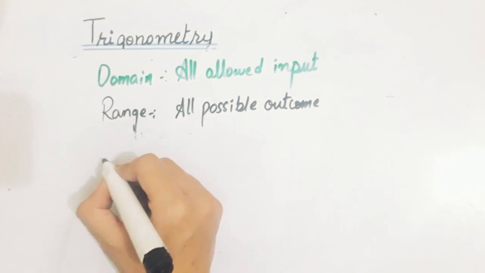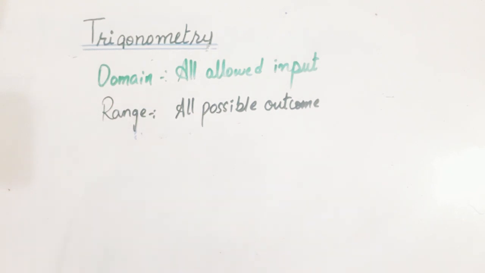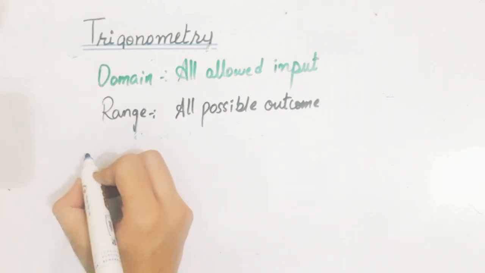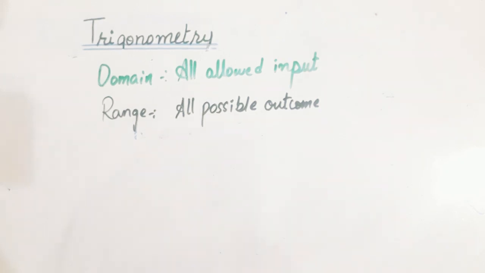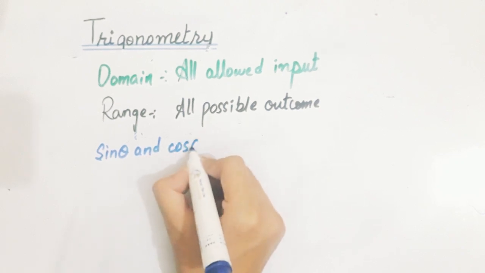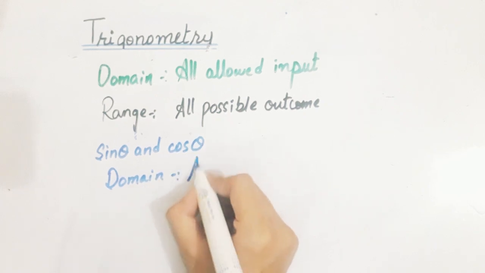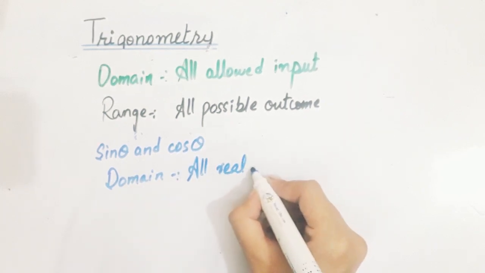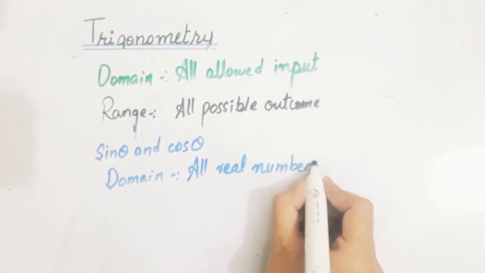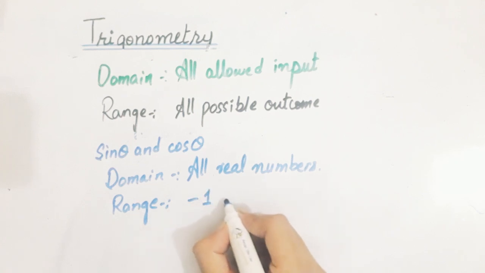Now I tell you what is the domain of sin theta and cos theta and what is the range. For sin theta and cos theta, you have to remember that domain will be all real numbers, and the range varies from -1 to 1.